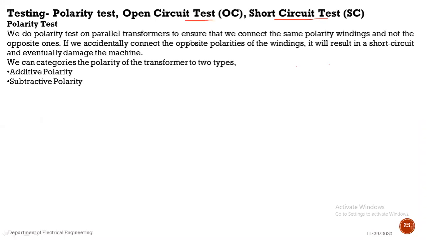While doing the parallel operation, while connecting two transformers in parallel, ज्यावेळेस दोन ट्रान्सफॉर्मर आपल्याला पॅरलल मध्ये कनेक्ट करायचे, we want to check the polarity first. पहिल्यांदा आपल्याला polarity check करावी लागेल.